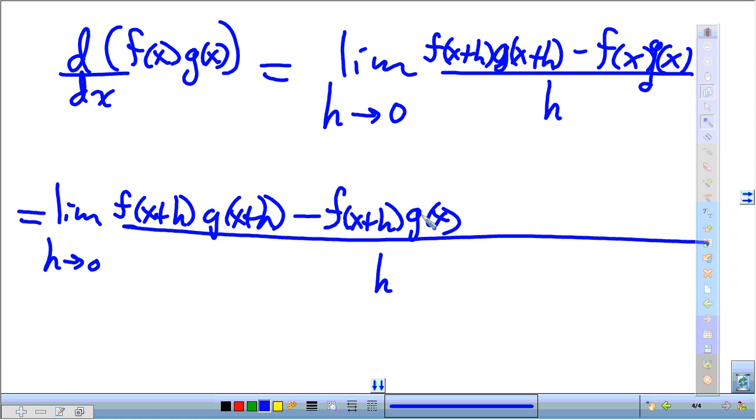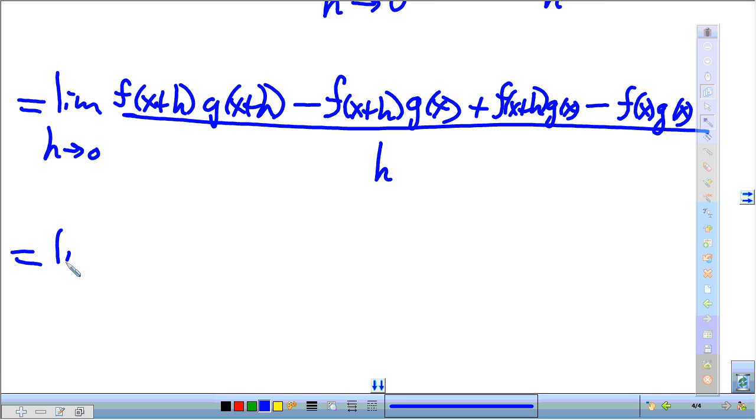Oh, miscopied. That should be g of x plus h. Oh, I can fix that by, let's see, I don't want that there, so let's get rid of it. So this mistake I've canceled out by putting a plus instead of a minus. So now I would be back there. Should be that. So fix my mistake. Same thing.